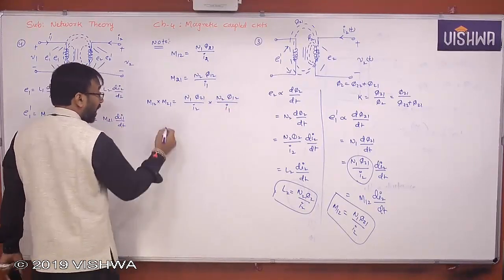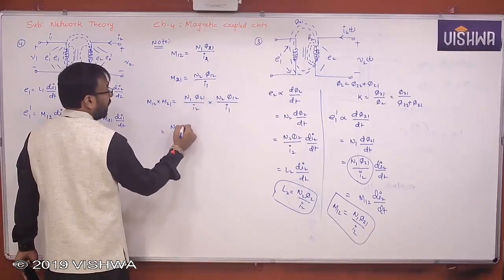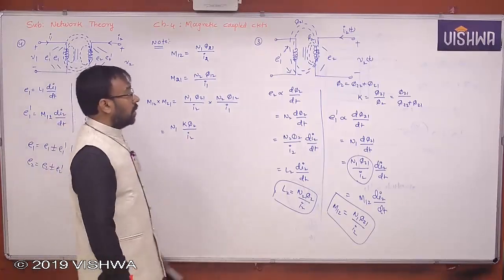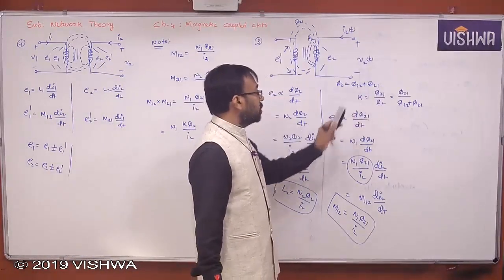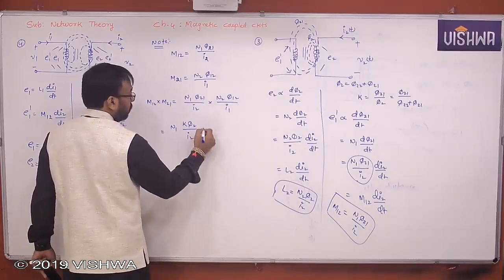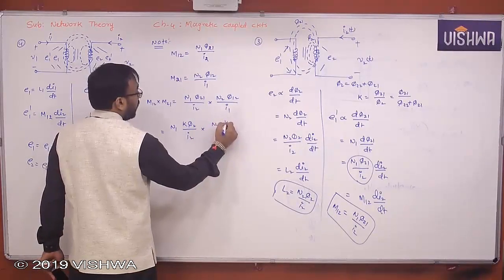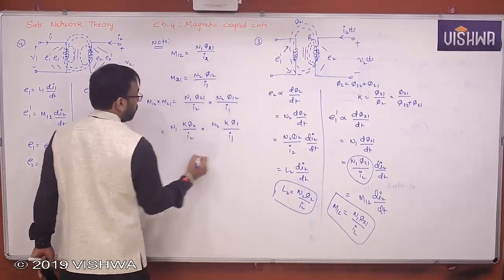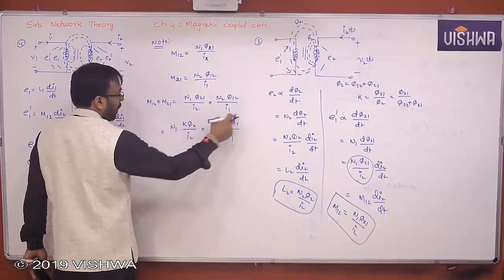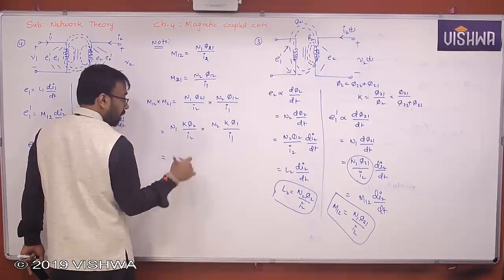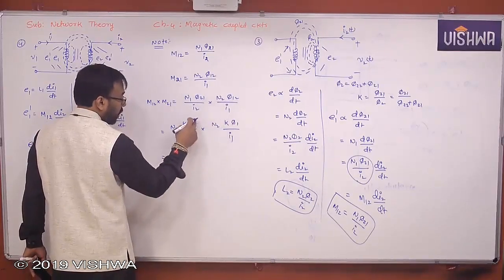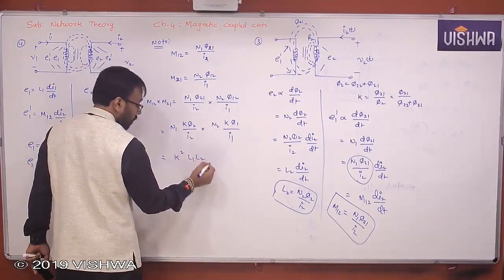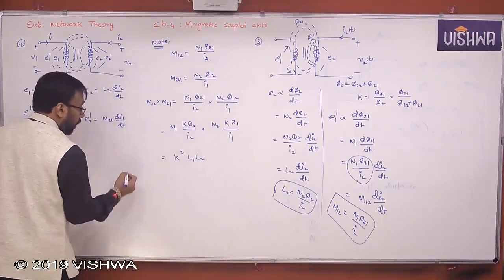But you already know that phi 21 is nothing but K times phi 2, and phi 12 is K times phi 1. You know that N1 phi 1 by I1 is nothing but L1, and N2 phi 2 by I2 is nothing but L2. So K into K gives K square L1 L2. Understand all of you? Okay.